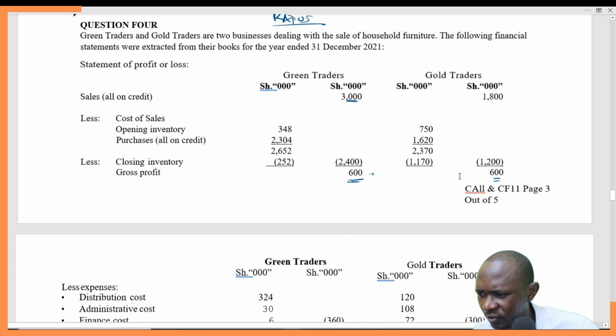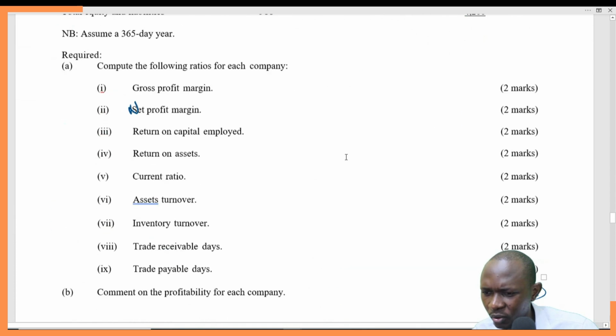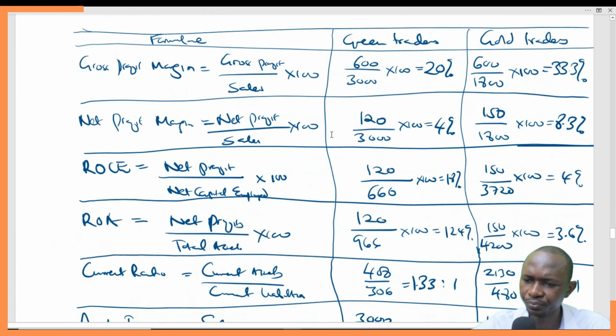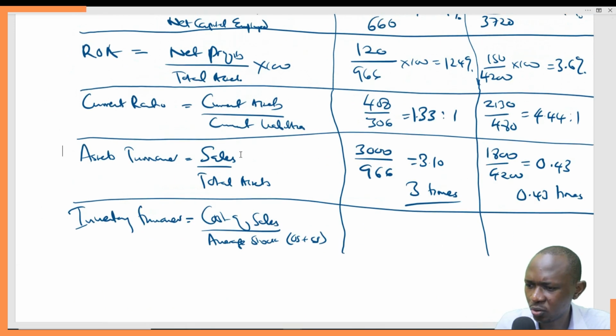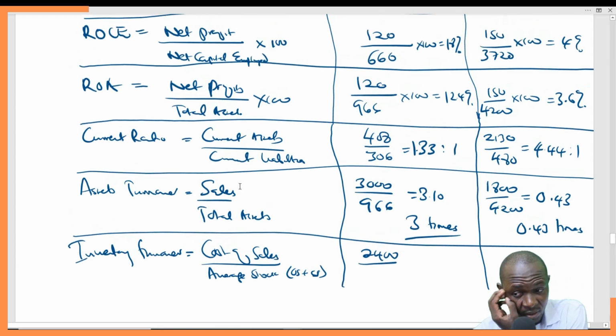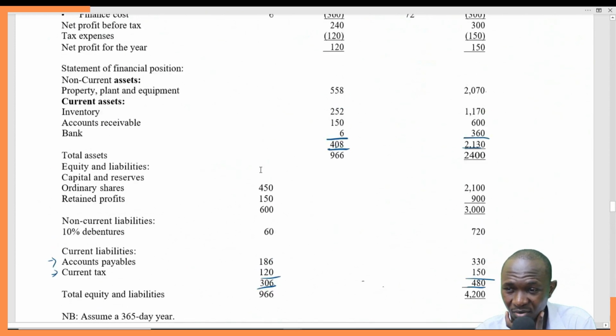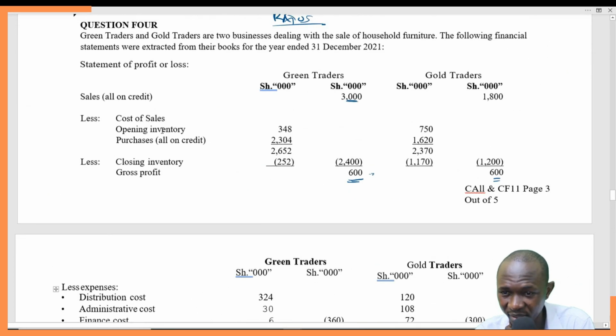So this side, cost of sales is 24, over opening stock plus closing stock. I think we had the figures here. We've already read them. Opening stock is 348, closing stock is 252.